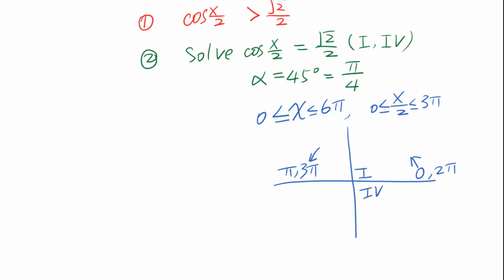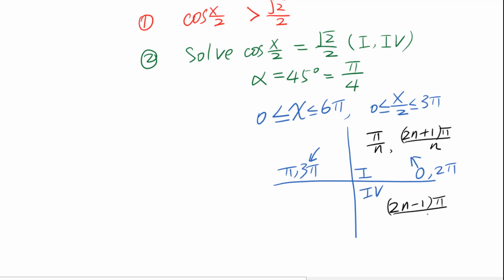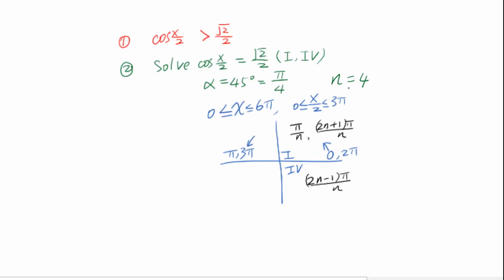For the first quadrant, it will be pi over n, and 2n plus 1 pi over n. For the fourth quadrant, we only have 2n minus 1 pi over n. Now, we know n equals 4.